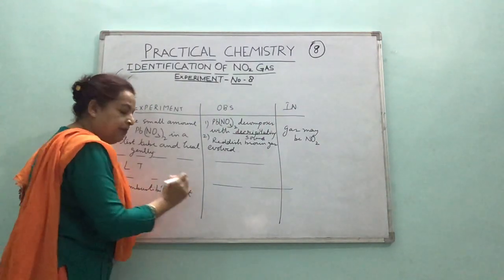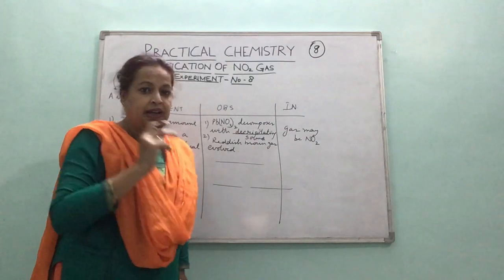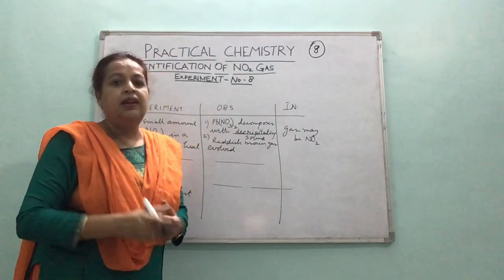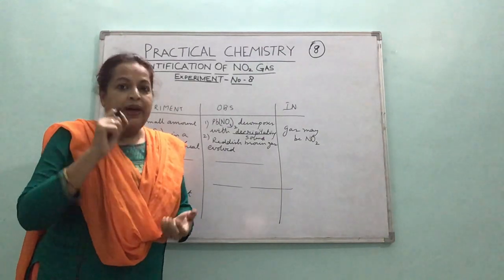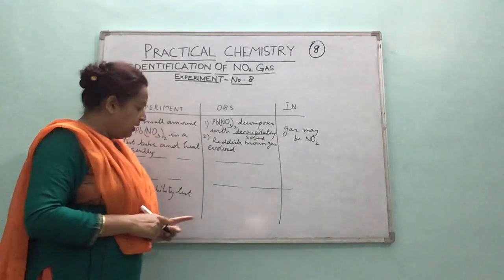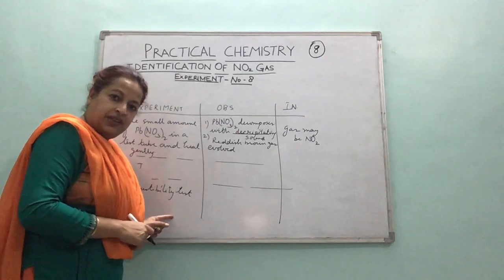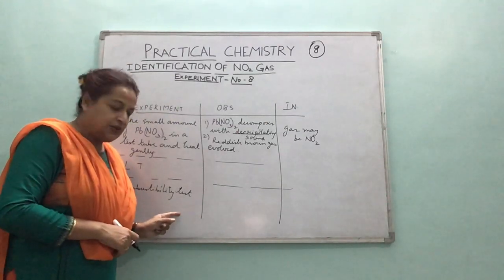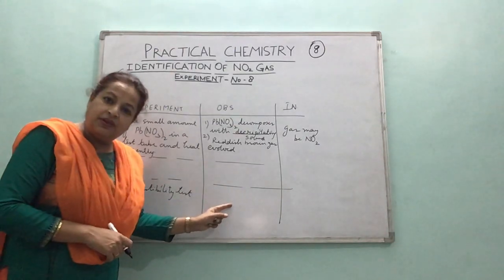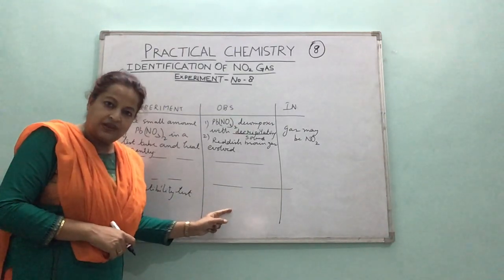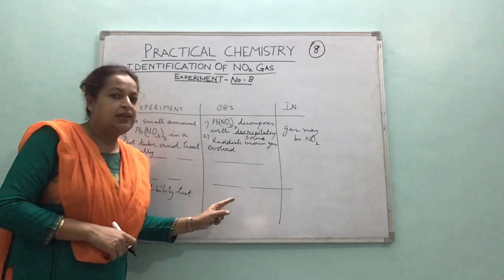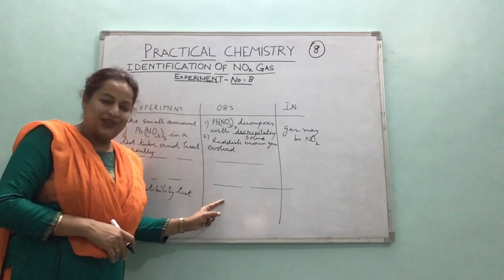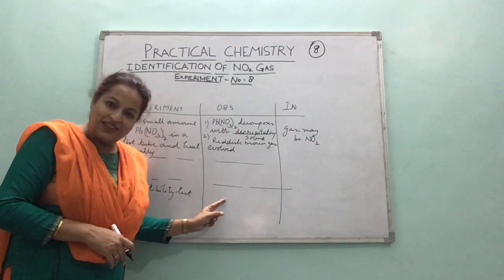You remember the statement which I have given in carbon dioxide gas, in all the gases for the combustibility test: introduce a burning splinter into the test tube. The burning splinter is extinguished.